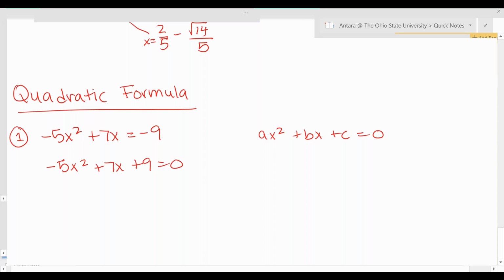Just because I don't really like working with a negative number for a, I like to multiply through this entire equation by negative 1. When I multiply by negative 1, it comes out to be 5x squared minus 7x minus 9 equals 0.